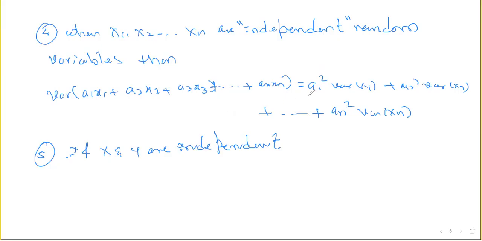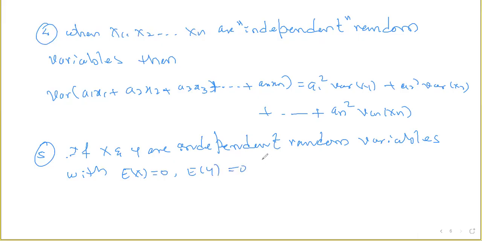Likewise, if x and y are independent random variables with expected value of x equal to 0 and expected value of y equal to 0, then variance of x into y is given by variance of x into variance of y, right?